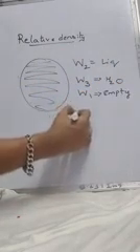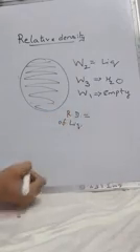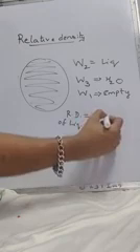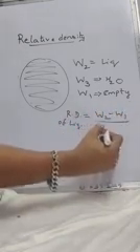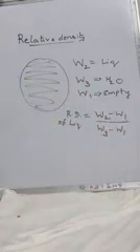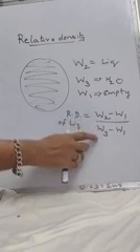If you want to find the RD of that liquid, what you have to do? It is W2, that is liquid, minus empty bottle, upon water minus empty bottle. So W2 minus W1 upon W3 minus W1. Now, it might happen that you have taken this as W3 and this as W2.